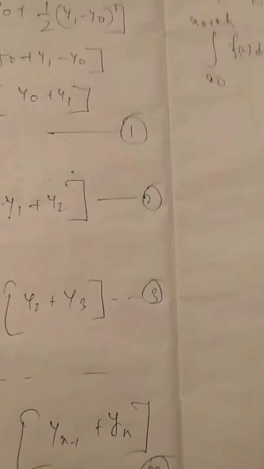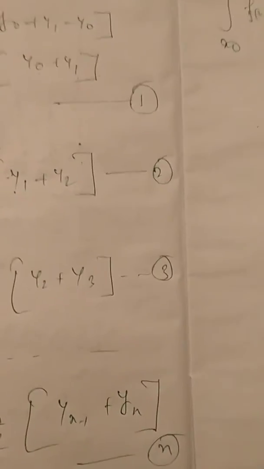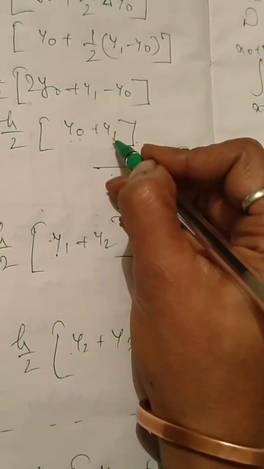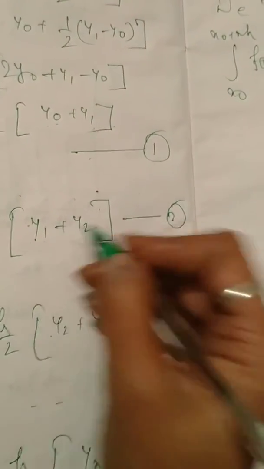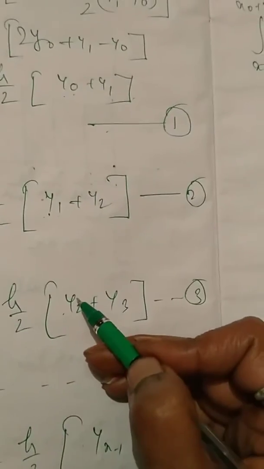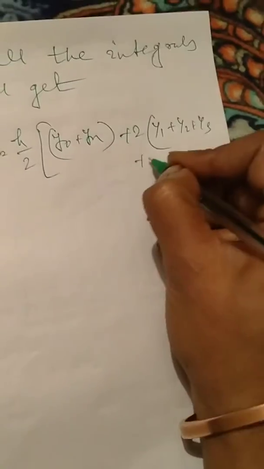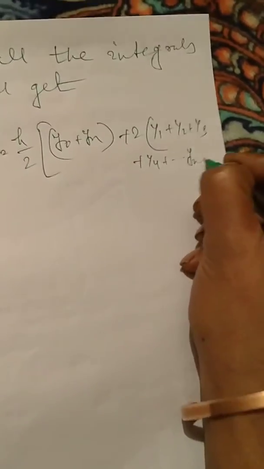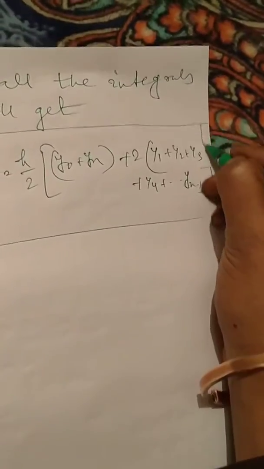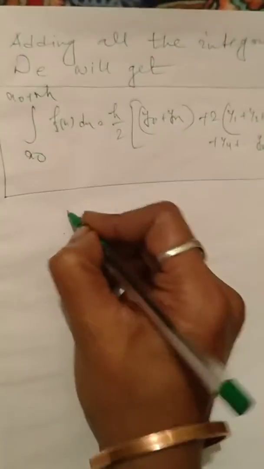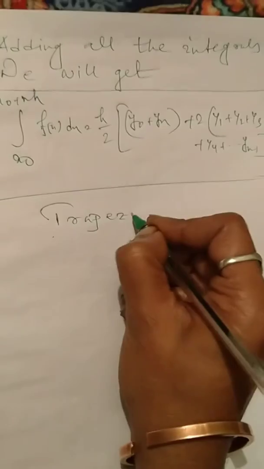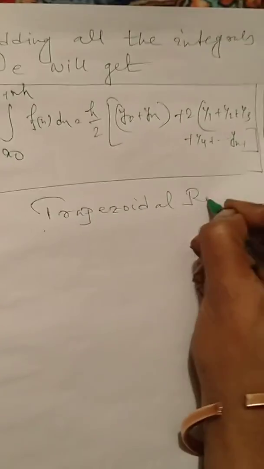Notice y0 and yn appear only once, so we write y0 plus yn, plus 2 into (y1 plus y2 plus y3 plus y4 plus up to yn minus 1), since the middle terms repeat. Finally, this is called the trapezoidal rule.